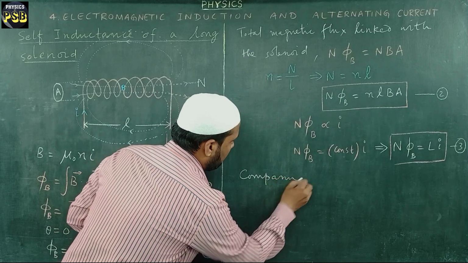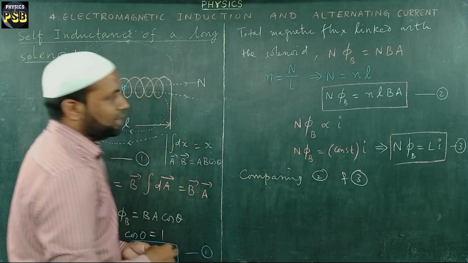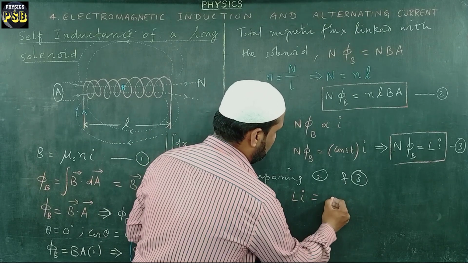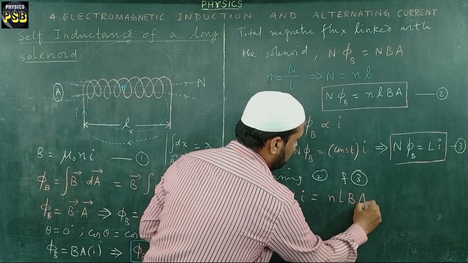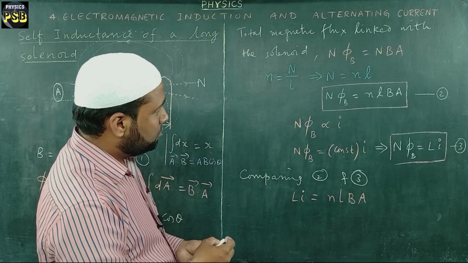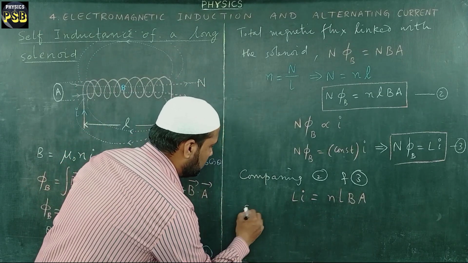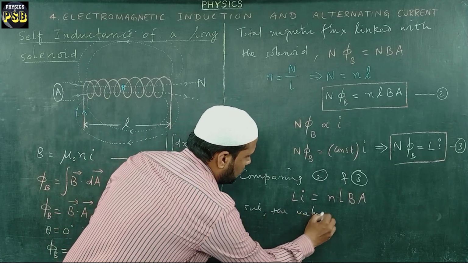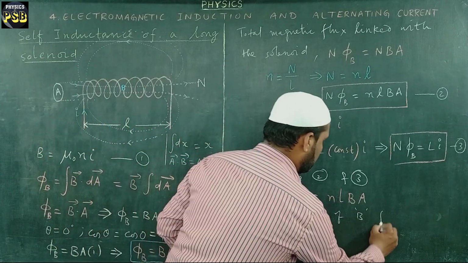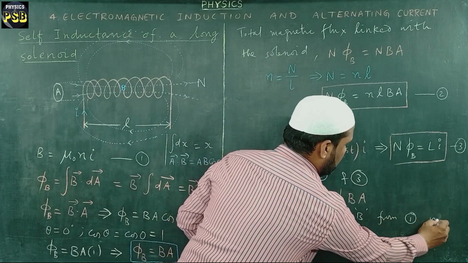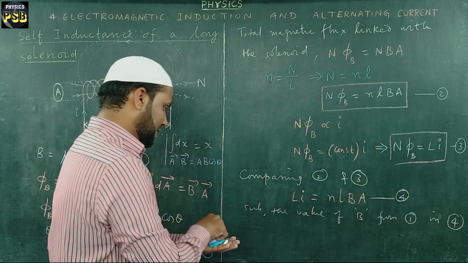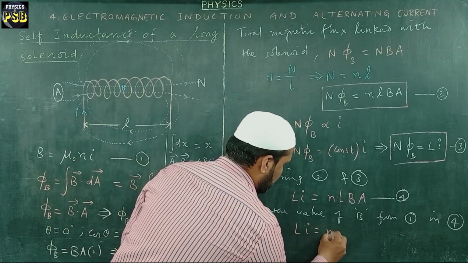Comparing equations 2 and 3, what I'll get is L I equal to N L B A. And here I substitute the value of B, which is given here in equation number 1, in equation 4. This is equation 4.